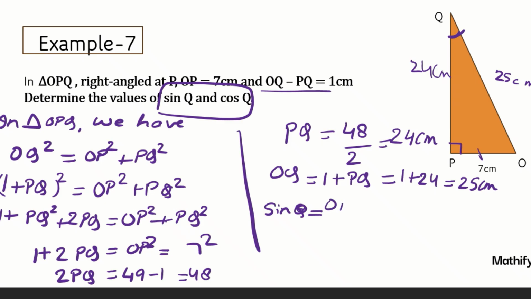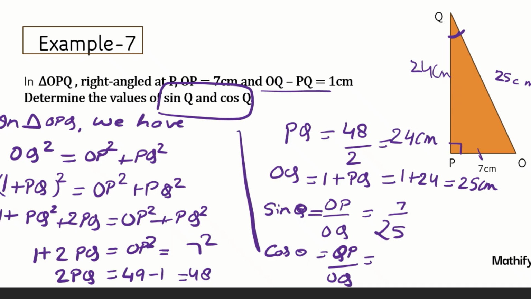So OP over OQ is 7 over 25, and cos Q is adjacent, QP or PQ, over hypotenuse OQ. So PQ is 24 centimeter and OQ is 25 centimeter, so cos Q is 24 over 25. These are your sin Q and cos Q.